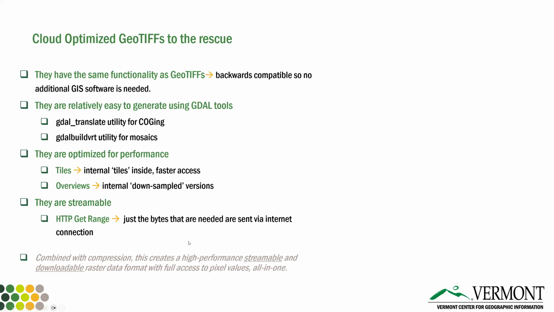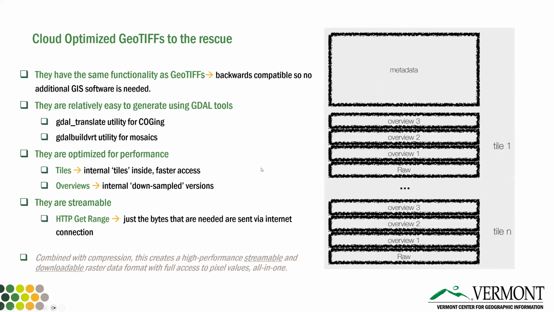Combined with different compression, it creates a really high performance, streamable, downloadable raster with full pixel access, all in one. And this is just a little illustration of how that might look.